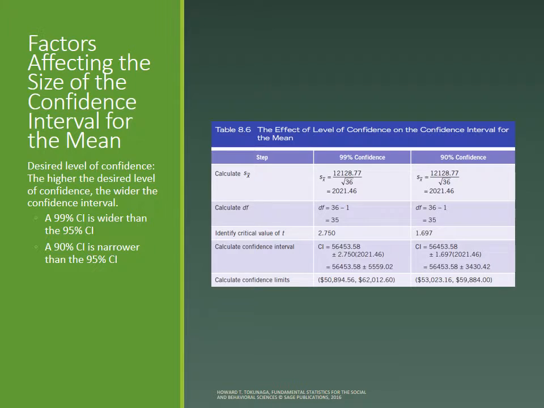So why is a 90% confidence interval more narrow than a 95% confidence interval? Well, if we're 95% sure, we're leaving a little bit more on each end for error. If we're only 90% sure, we can be a little more narrow with our guesses.